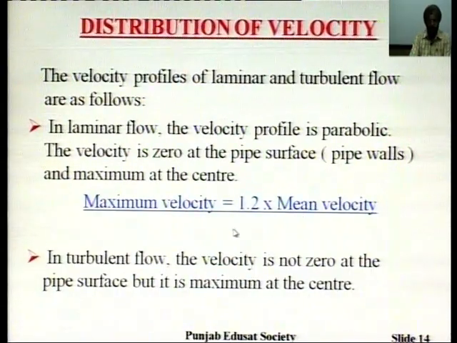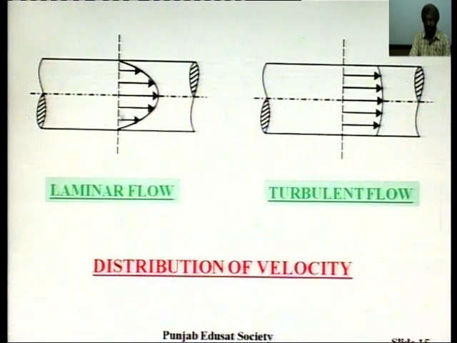Now moving to the turbulent state, the second type of flow, how is the velocity profile? In this case, the velocity is not zero at the pipe surface. This is the difference. Here the velocity is zero in the laminar case, but here it is not zero, it's not touching this line. So in turbulent flow it has some value. It's not zero at the pipe surface, but it is maximum at the center.